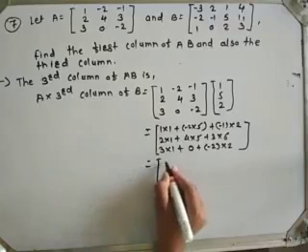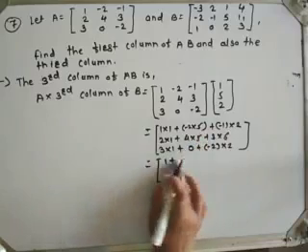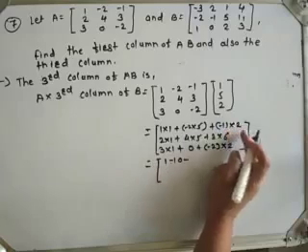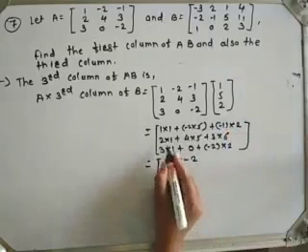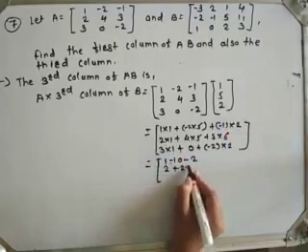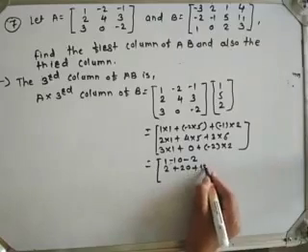Which is equal to 1 plus -2 into 5 is -10, minus 1 into 2, -2. Second entry is 2 into 1, 2, plus 4 into 5, 20, plus 3 into 2, 6.